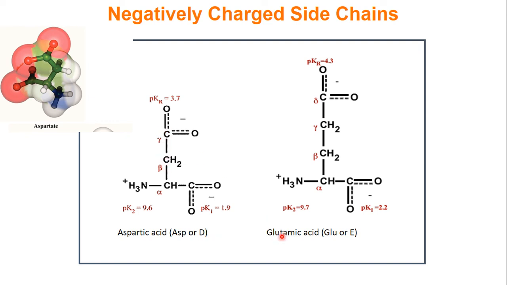While glutamic acid, the one letter code for glutamic acid is E. That's because the 3-letter code is Glu, right? Glu can be spelled like glue. So glue for glutamic acid. And to remember what the side chain of glutamic acid looks like, E is 1 letter after D in the alphabet. So glutamic acid has 1 more carbon in its side chain than aspartic acid. So those are our 2 negative side chains.